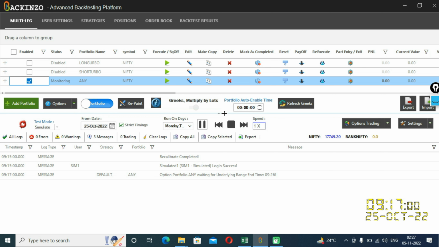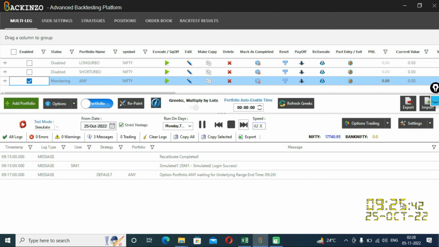Now at 9:17, which is my entry condition, it will wait for the range end time, that is 9:26. I'll increase the speed so that I can showcase it to you how high price and the low price gets checked at the underlying range end time, that is 9:26, right? So I'll wait for a few more seconds.